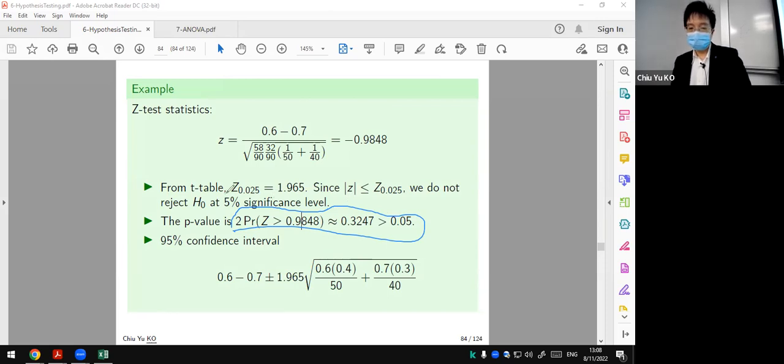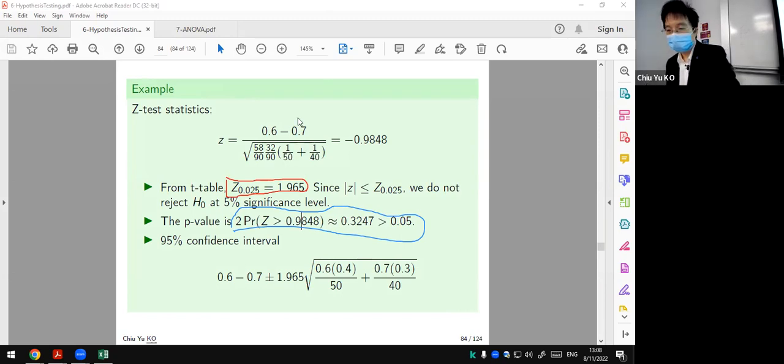So you can also use the t-table. I'm not going to repeat this, but you know the 5% will be 1.96. Maybe I'll just do it once again.